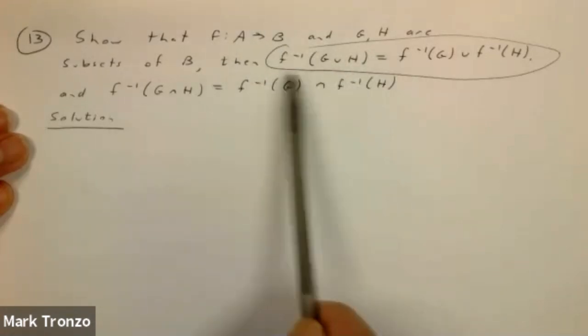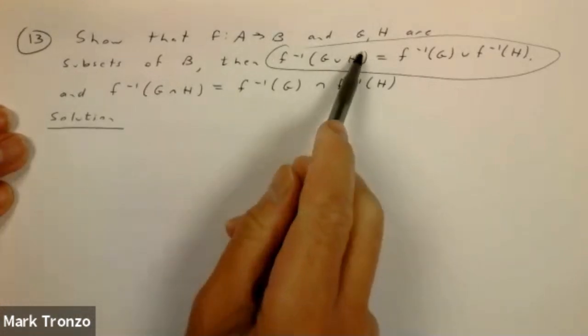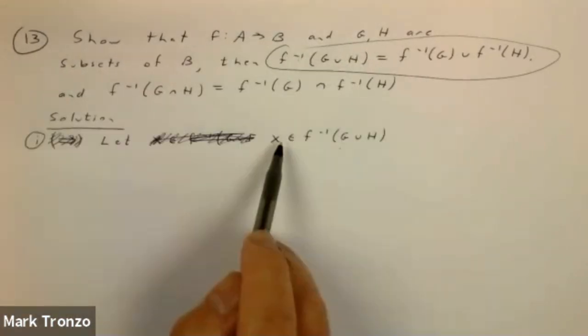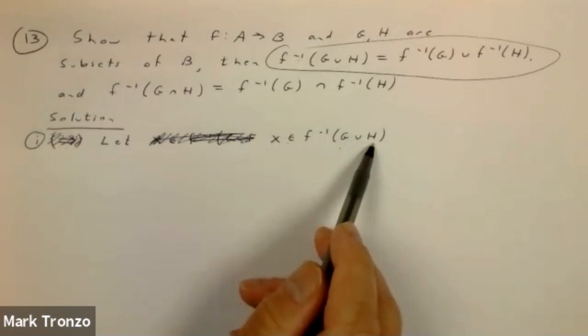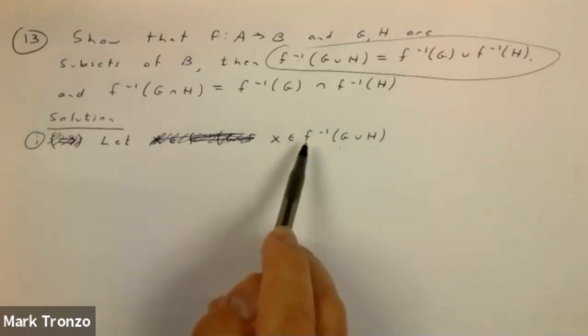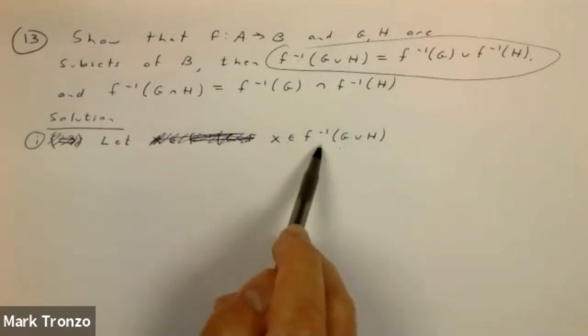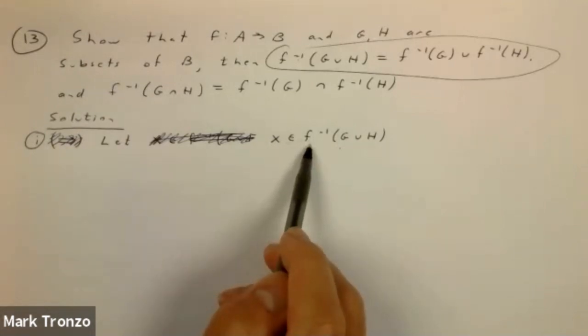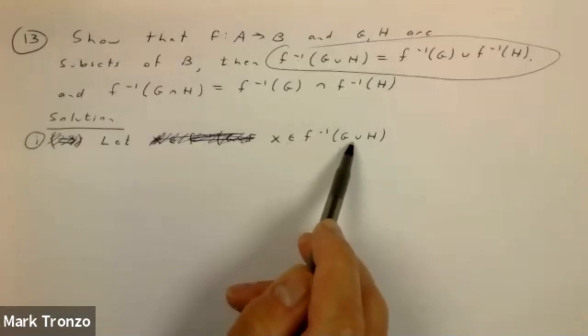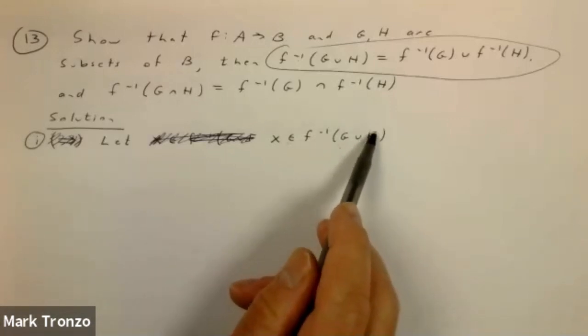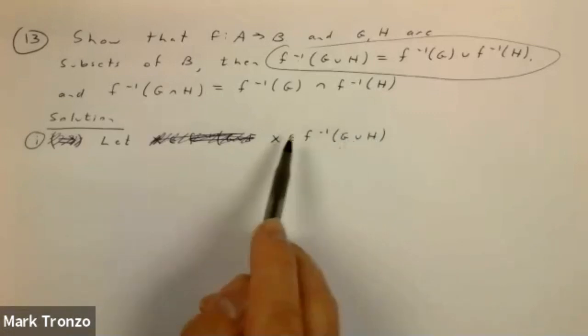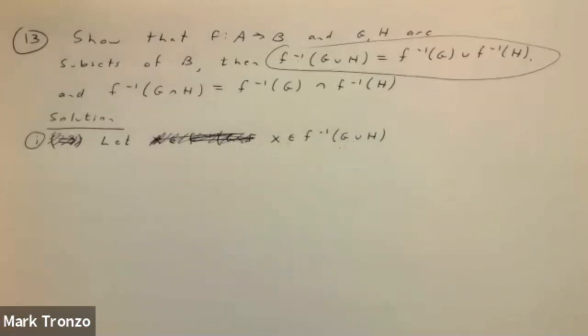So we'll start with something over here. If X is a typical element in this set, what does this mean? That means since this is an inverse function, there must have been some value that you put in here that would have produced that X.